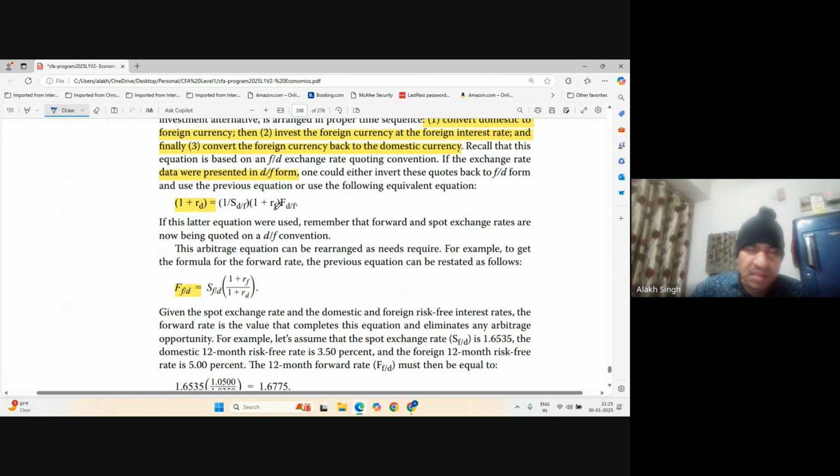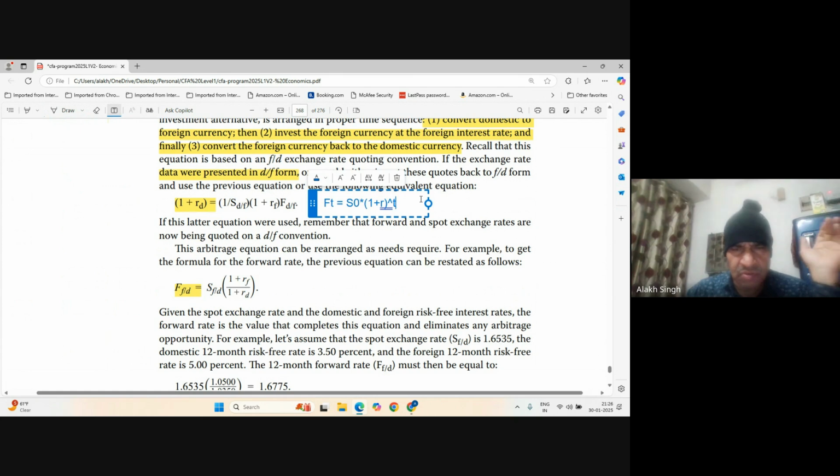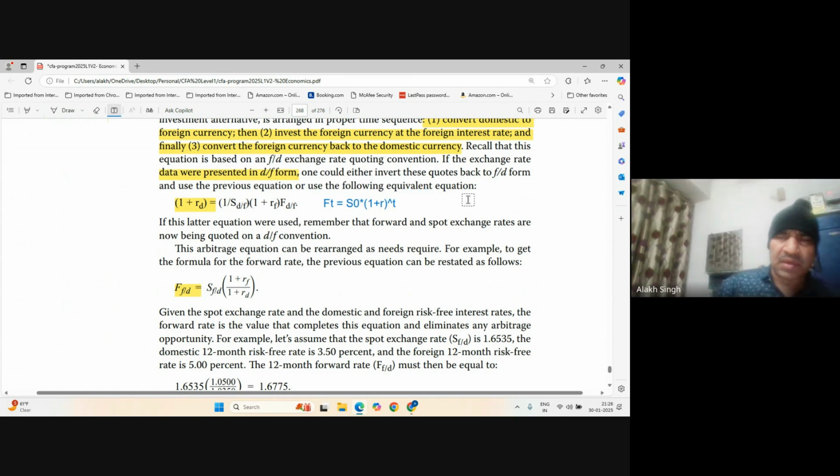We had studied that the forward price Ft was equal to S0 times e to the power RT, or S0 times (1 plus R) to the power T. That is what we used to study in the simplest forward formula. You remember this? Yes, sir.